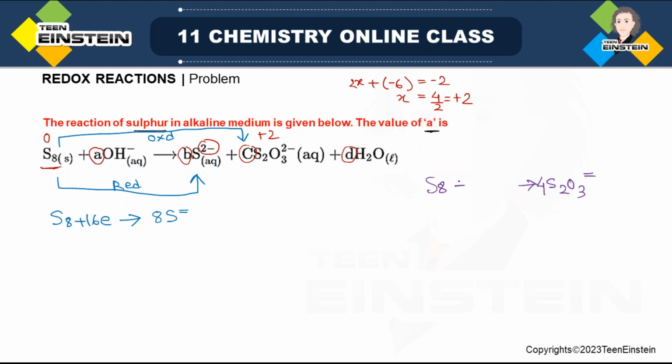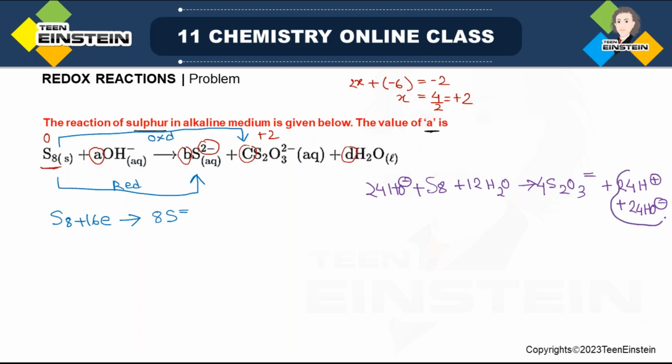That means we have to balance oxygen by writing 12 H2O. But when you have written 12 H2O, you have to balance hydrogen by adding 24 H plus. But as it is alkaline medium, you also have to neutralize it by adding 24 HO minus both sides.